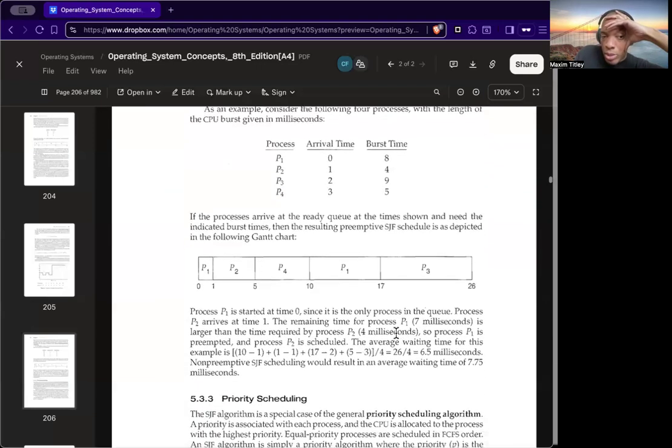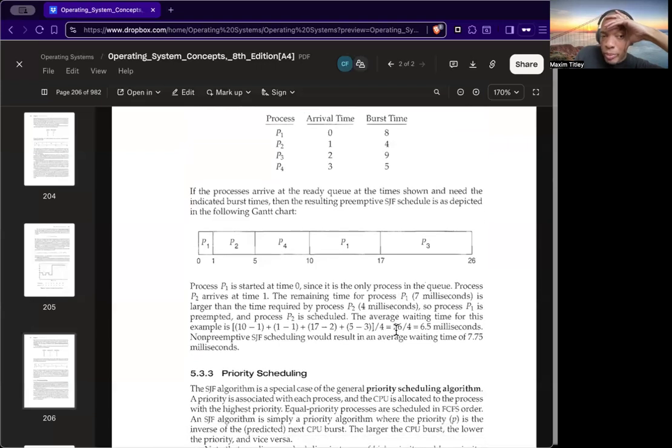So now looking at the Gantt chart, we have the following. The processes arrive at the ready queue at the time shown and need the indicated burst times. When the resulting preemptive SJF schedule is depicted in the following Gantt chart, we have this particular layout. All right.